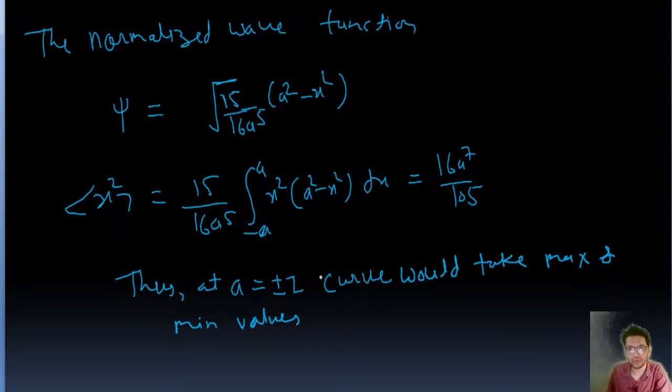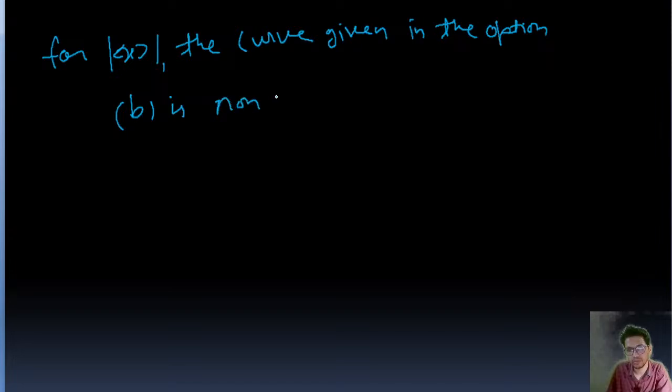For the mod of the expectation value of x, the curve given in option B is non-zero.